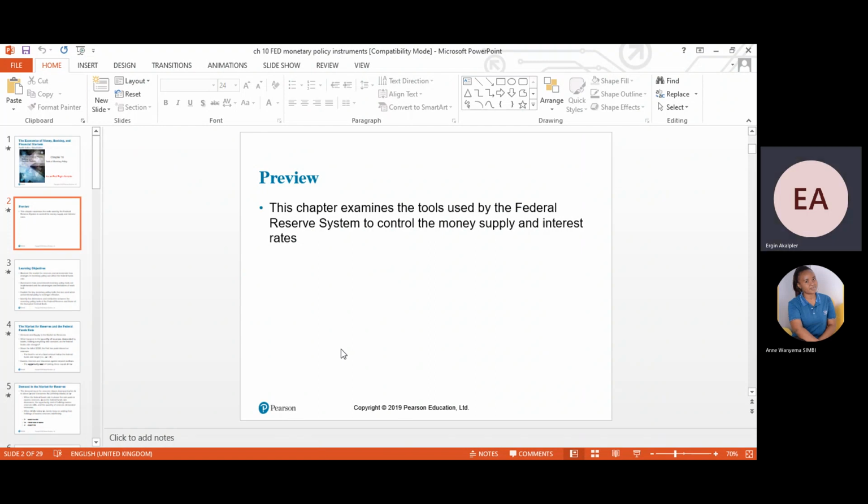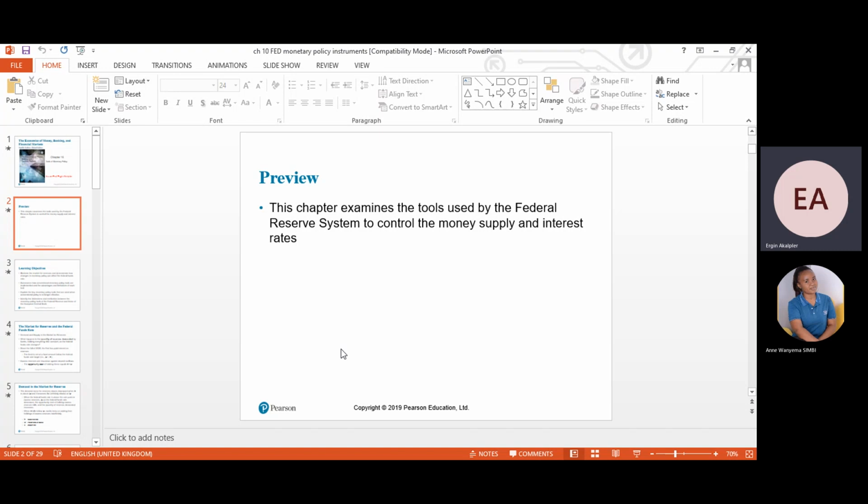As I said to you, the money supply is directly related with inflation and the nominal interest rate. If the money supply is enlarged and becomes too much in circulation, this will cause inflation to become higher. And when inflation goes up, the nominal interest rate also increases.